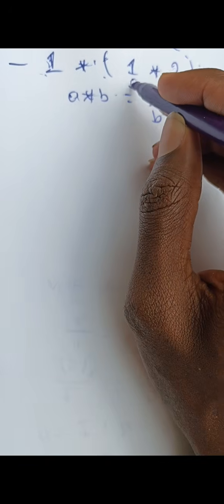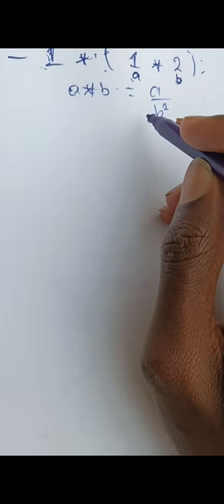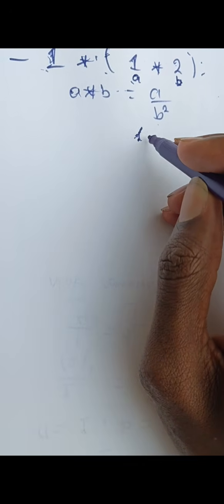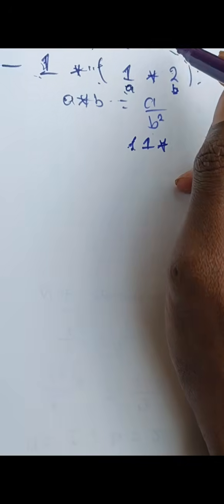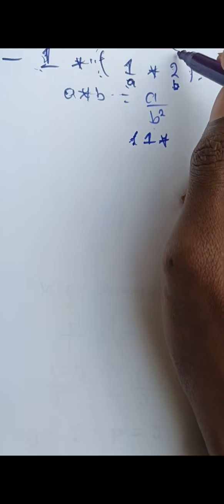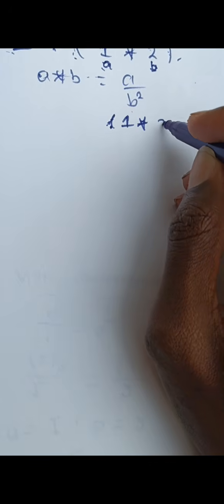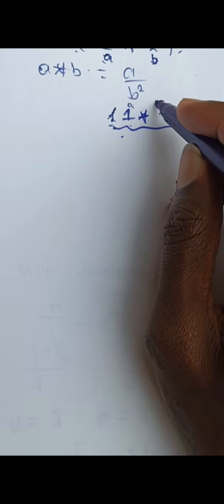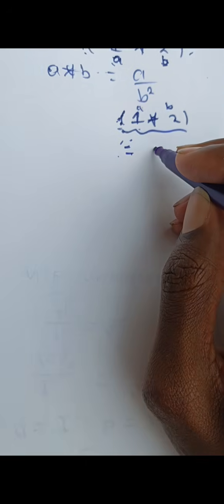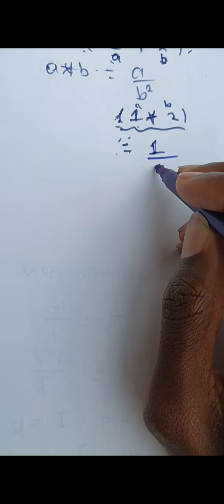So in the brackets, I'm having this as my A, this as my B, right? So I'll get this expression. Right now I'm solving this one alone. So I've just taken this part alone. Whatever value I find when I simplify it, I'm just going to substitute here. So I have 1 binary 2. This is the one I'm solving. This is my A, this is my B, like I've said. So where there's A, I'll put 1, and where there is B, I'll put 2.